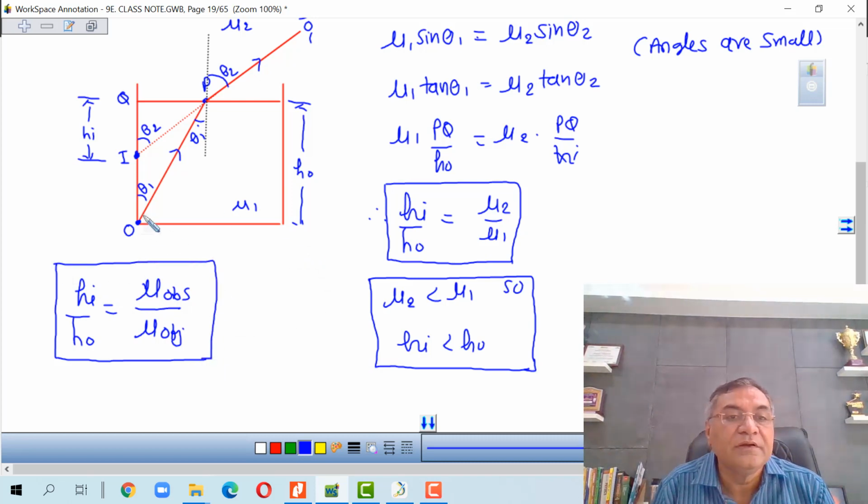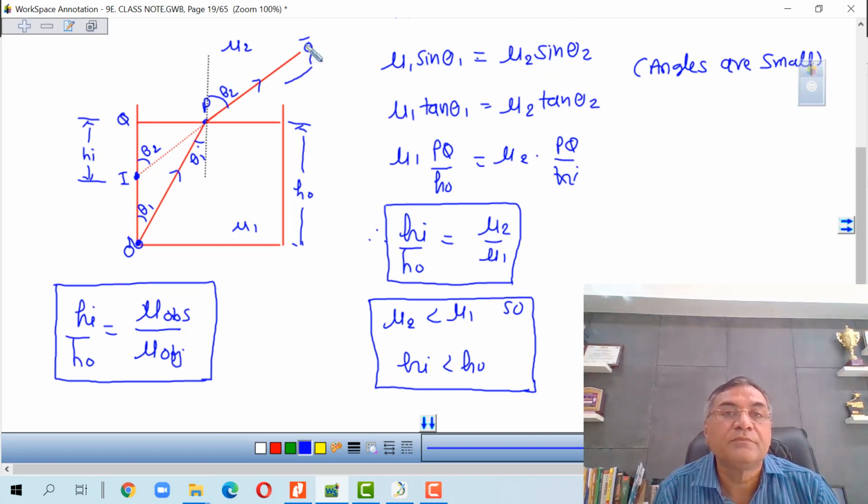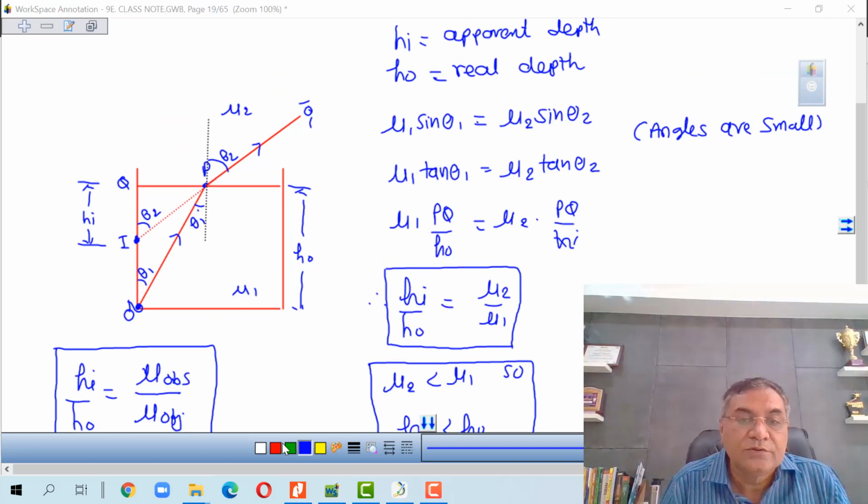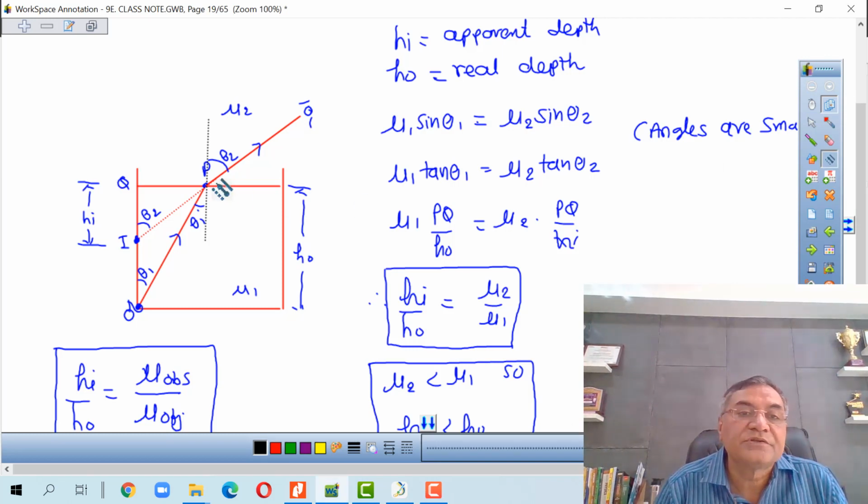If I discuss in a different way, the object is now the fish, and the fish is looking at this person. So the person is the object. The person is your object. So where will the person appear to the fish? It will appear somewhere here.